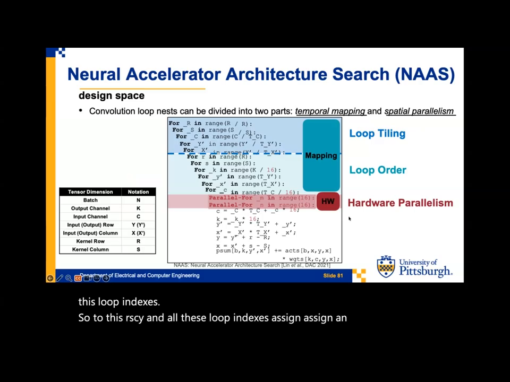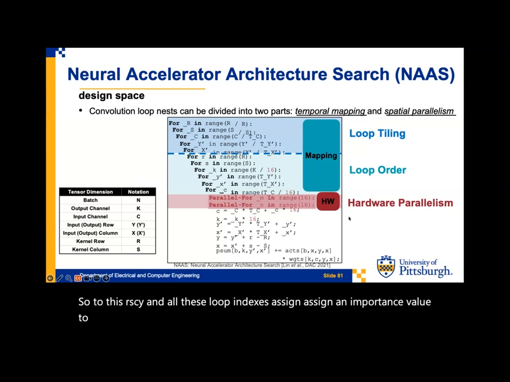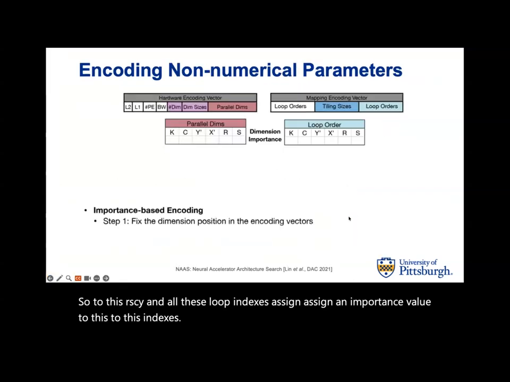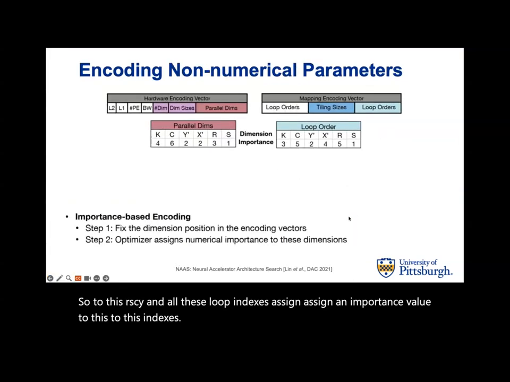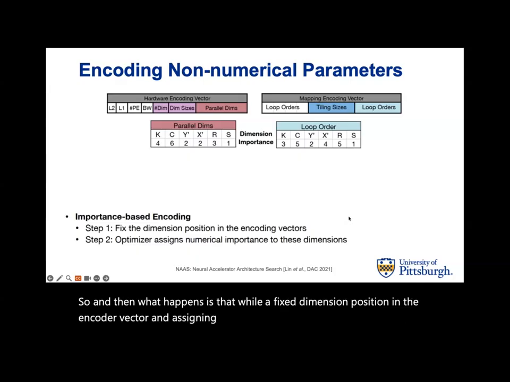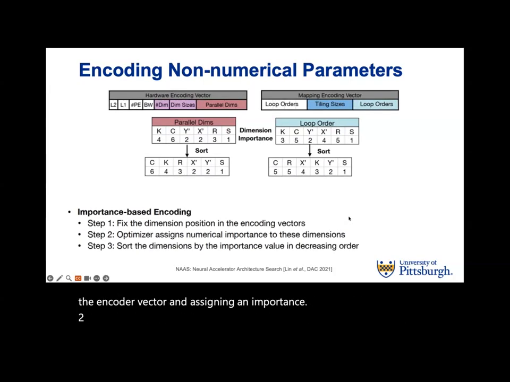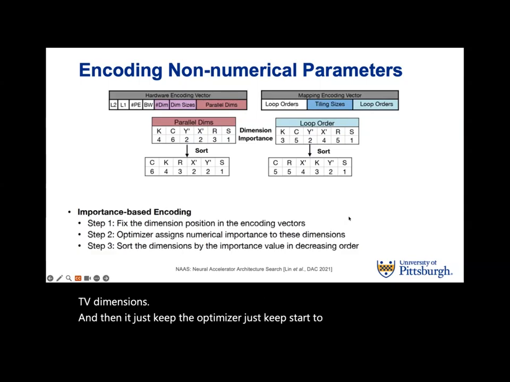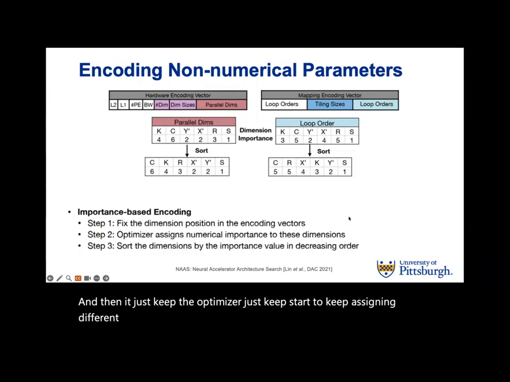Then it fixes the dimension position in the encoder vector, and the optimizer just keeps assigning different possibilities of importance to these indexes.